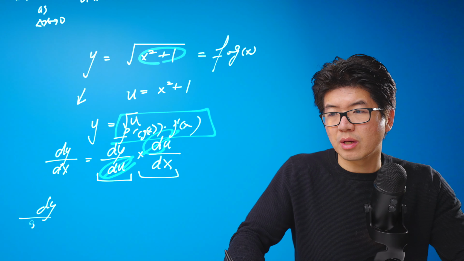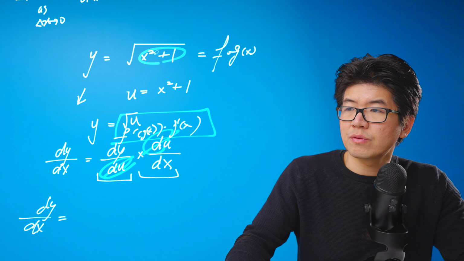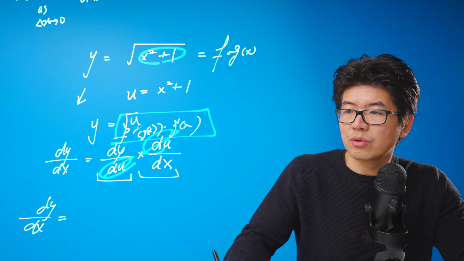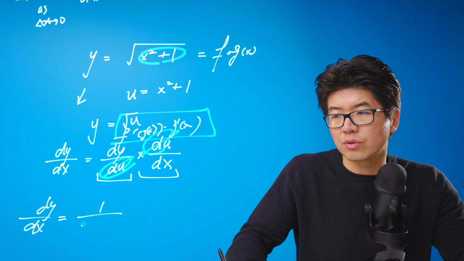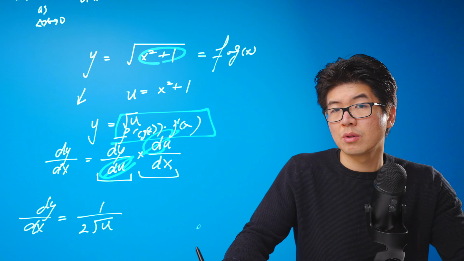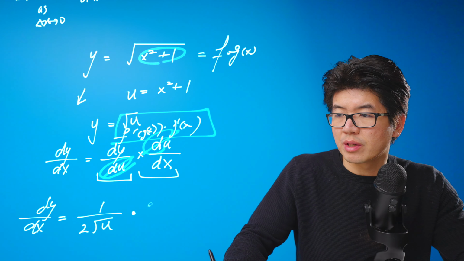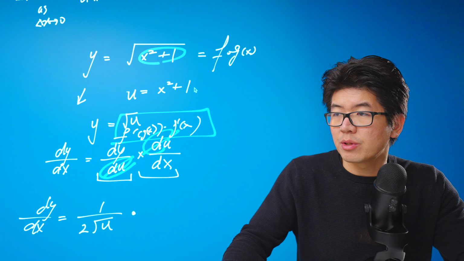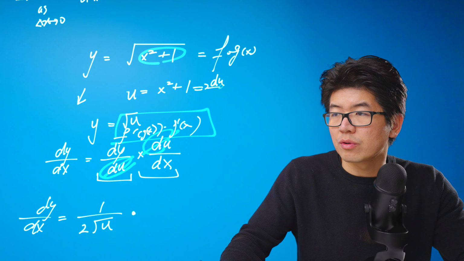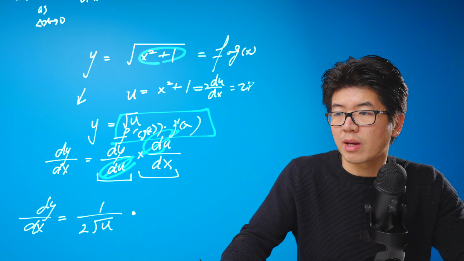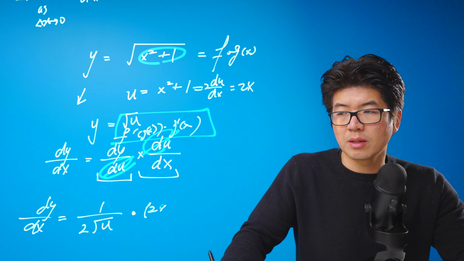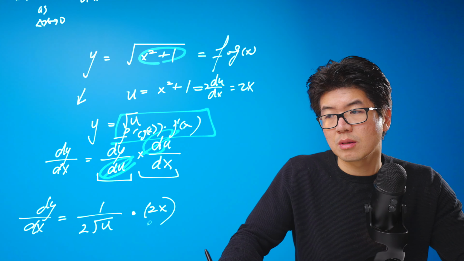If you differentiate square root of u, you get 1 over 2 square root of u. Then you multiply that by du over dx, and du over dx from here is simply 2x. So you multiply this by 2x.